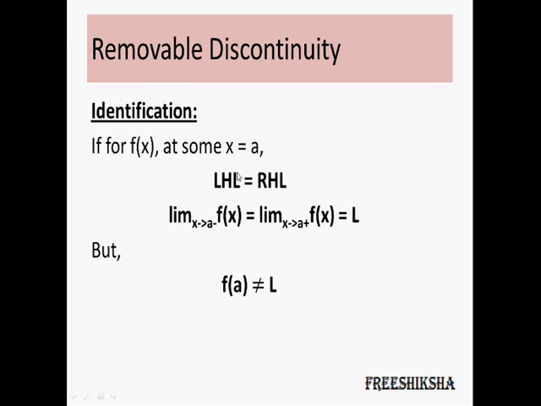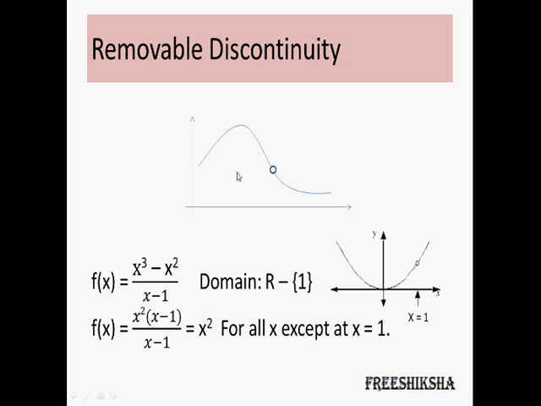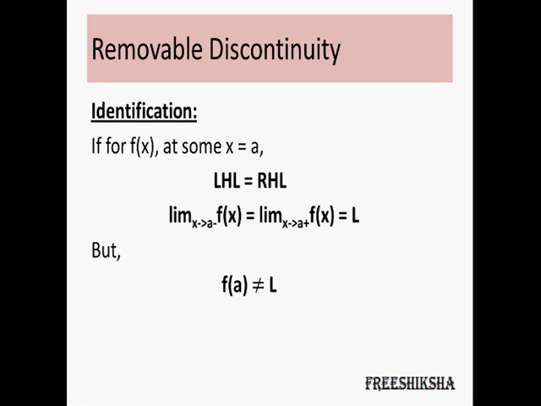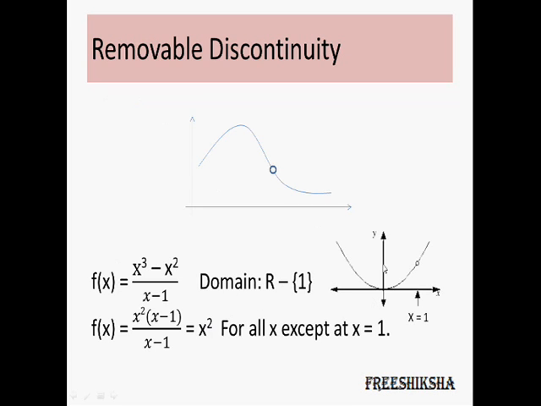And if you're not given the graph, how will you identify whether the function has a removable discontinuity? If your left hand limit is equal to the right hand limit but your function's value at that particular point where you are checking the continuity is not equal to that limit, then we say that it has a removable discontinuity. And it is seen in the graph also.